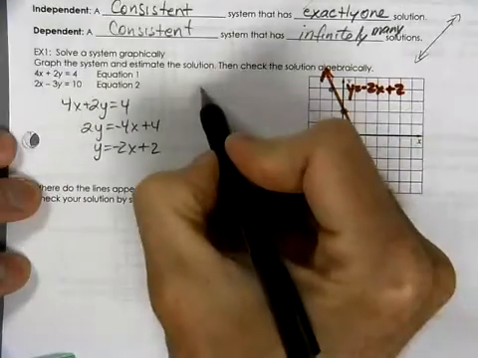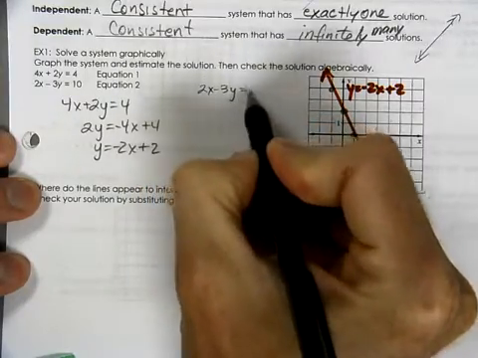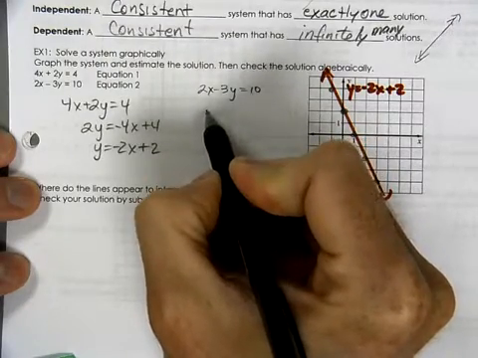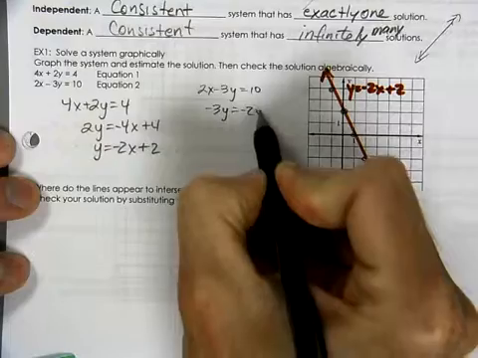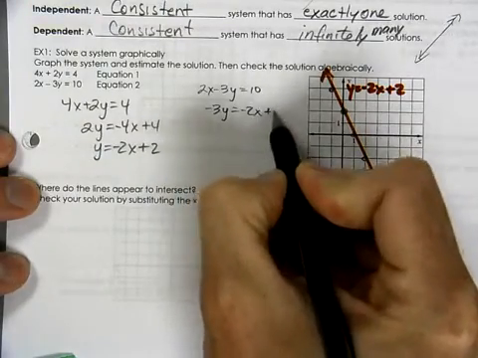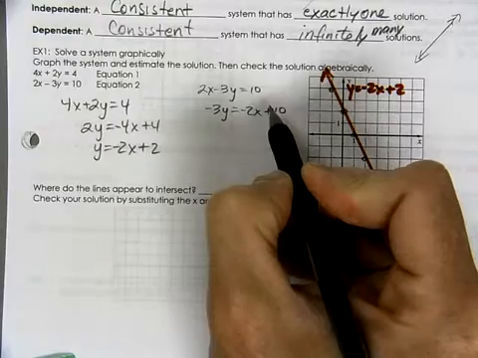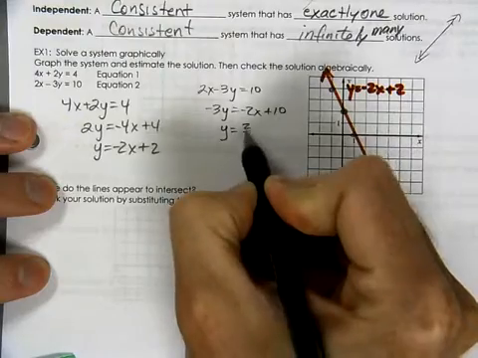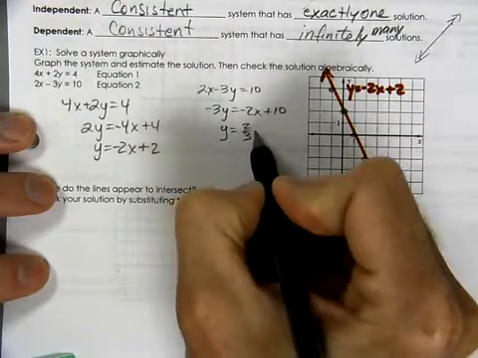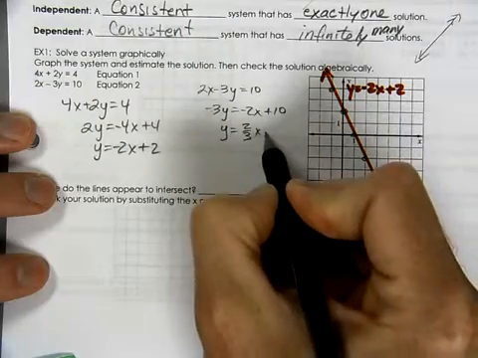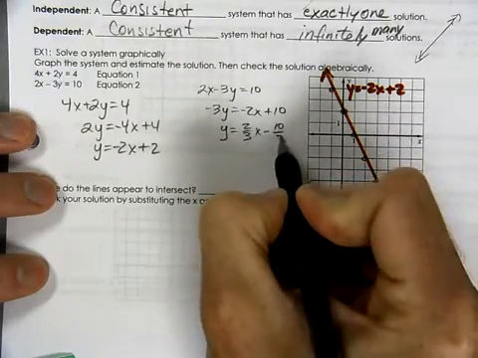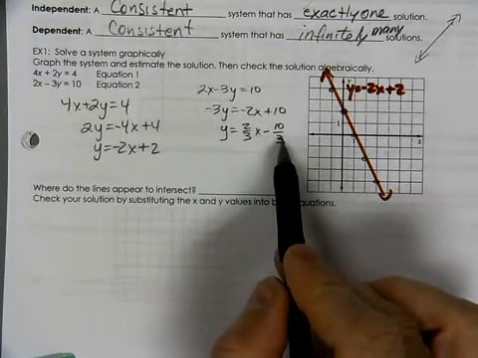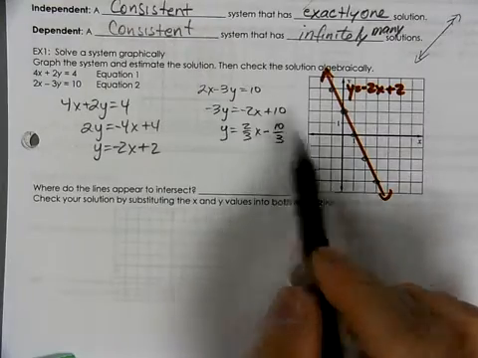We'll take the second equation, subtract the 2x over, and divide by 3. Two negatives will make a positive slope. And we know that 10/3 is going to go in there 3 1/3 times.